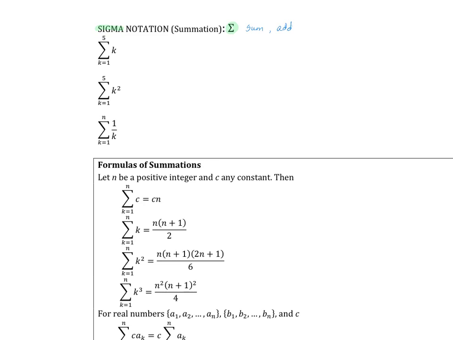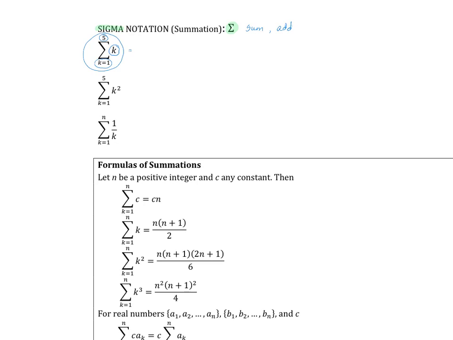Looking at this first expression, we're going to sum from a k value of 1 to a k value of 5. We're going to sum these k's.